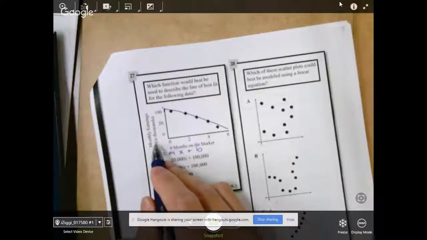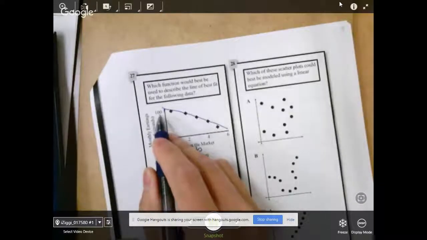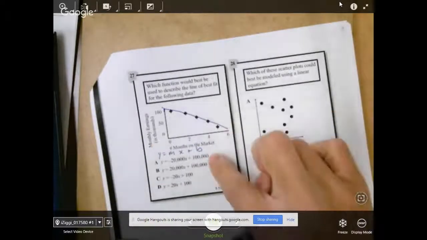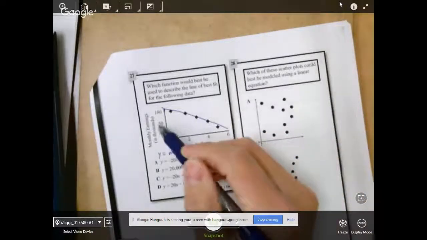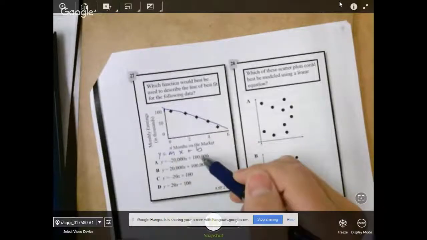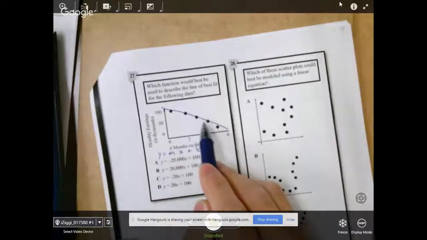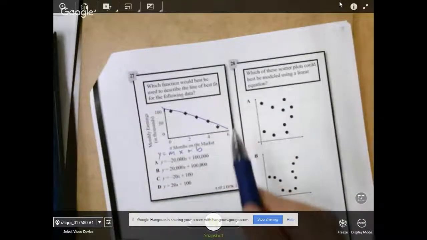So it's one of these, okay? Not just 100, in thousands. So 100,000, and then the slope looks to be negative. So for your y equals mx plus b of that line of best fit, the slope needs to be a negative slope.